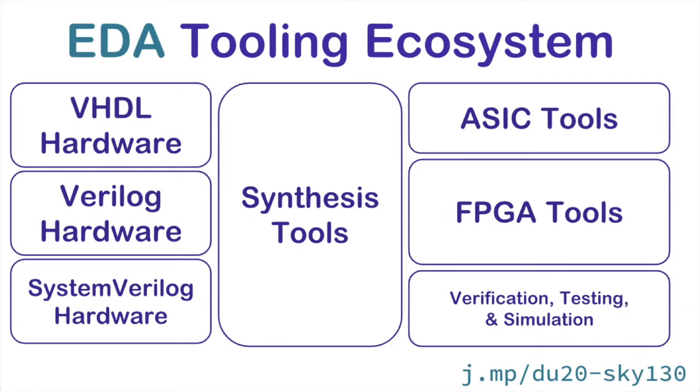And there are also some simulation tools which are very similar to the GDB in C programming, and they can help us to debug and find the errors of our design.